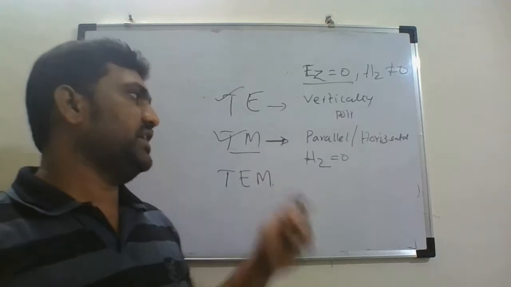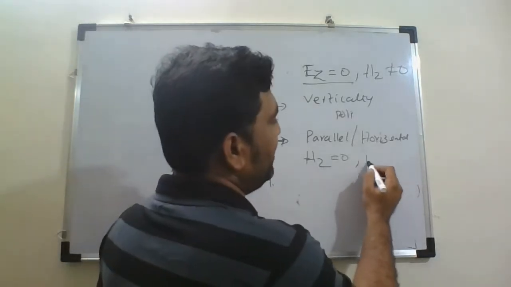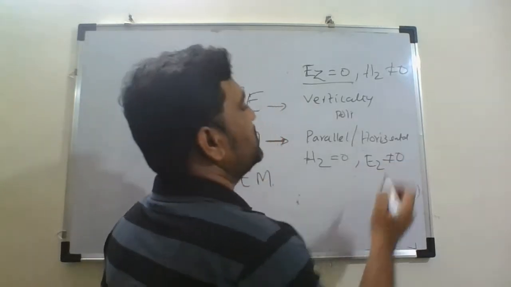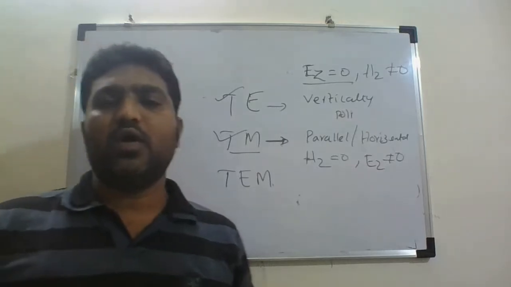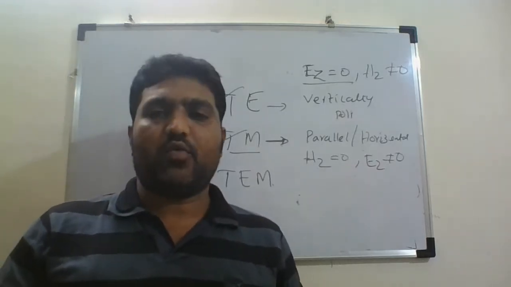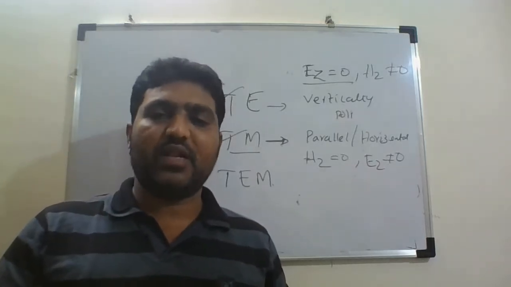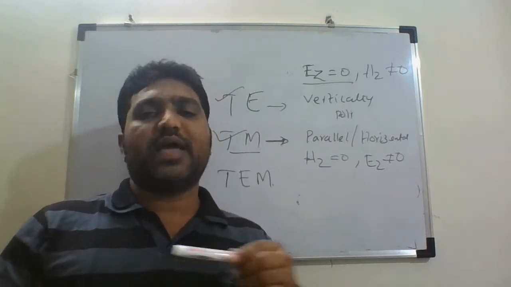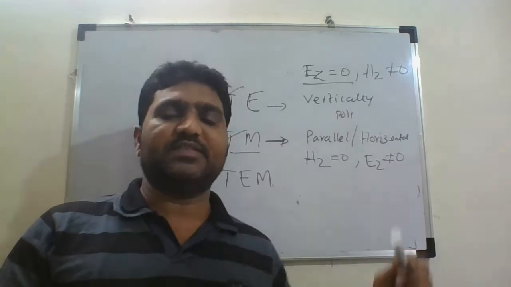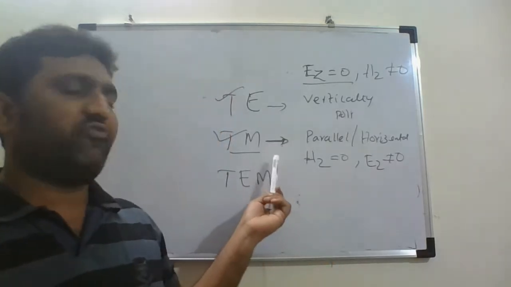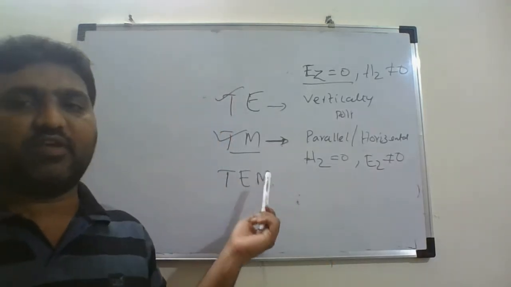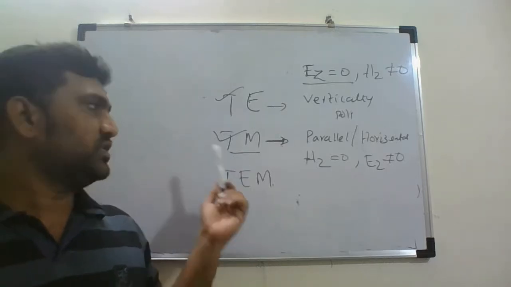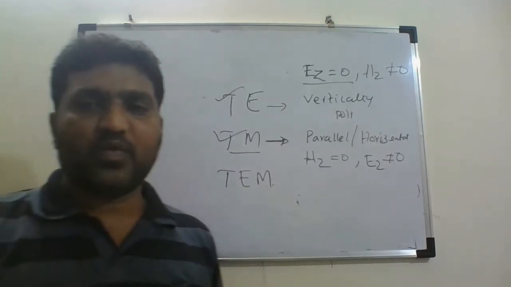So Hz is equal to 0 and Ez will not be 0. That means the magnetic field will be perpendicular, or transverse, to the direction of propagation at all places. That is why this kind of wave is called a transverse magnetic wave, or the mode of propagation is called the transverse magnetic mode.